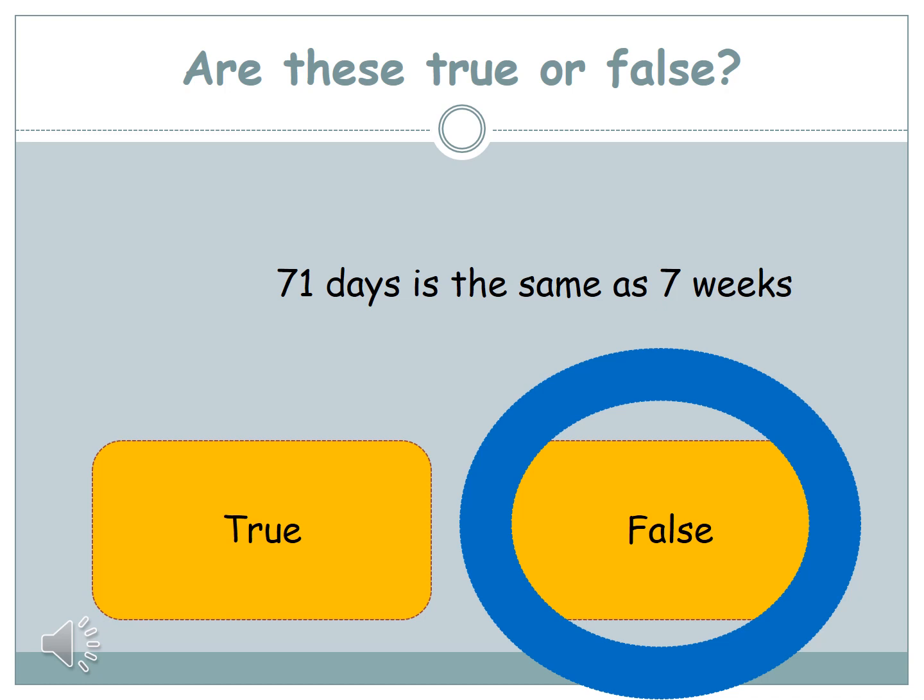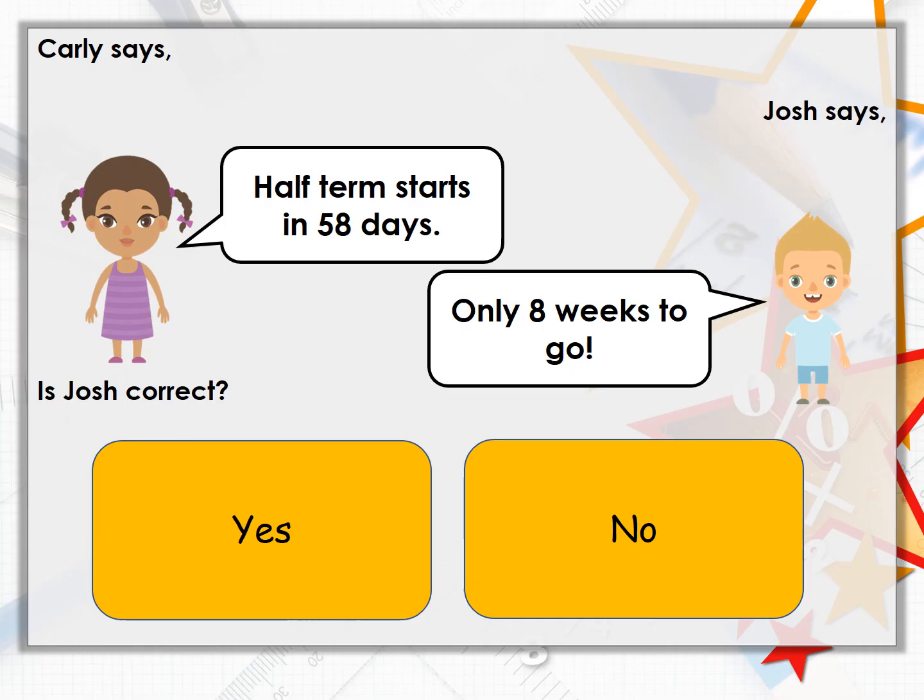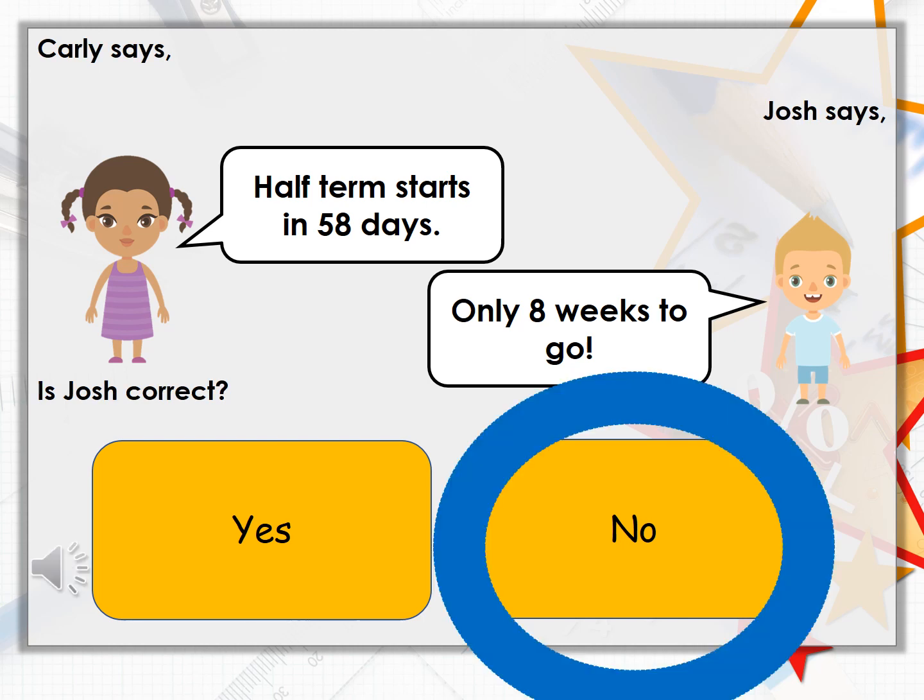So this is false because in 7 weeks would be 7 times 10, which would be 70. So Joshua is wrong because if half term starts in 58 days, then that would be not 8 weeks because 7 times 8 is 56.